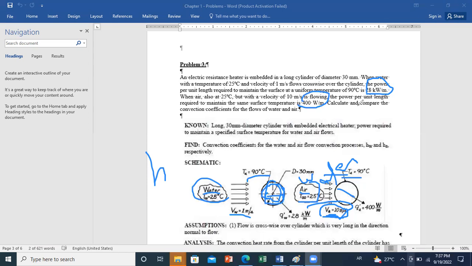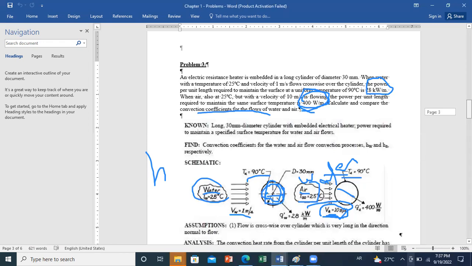So because of this information, we can compare the convective coefficients. And because here we need a much higher flux, we can expect that the convective coefficient of air will be much different than the convective coefficient of water.